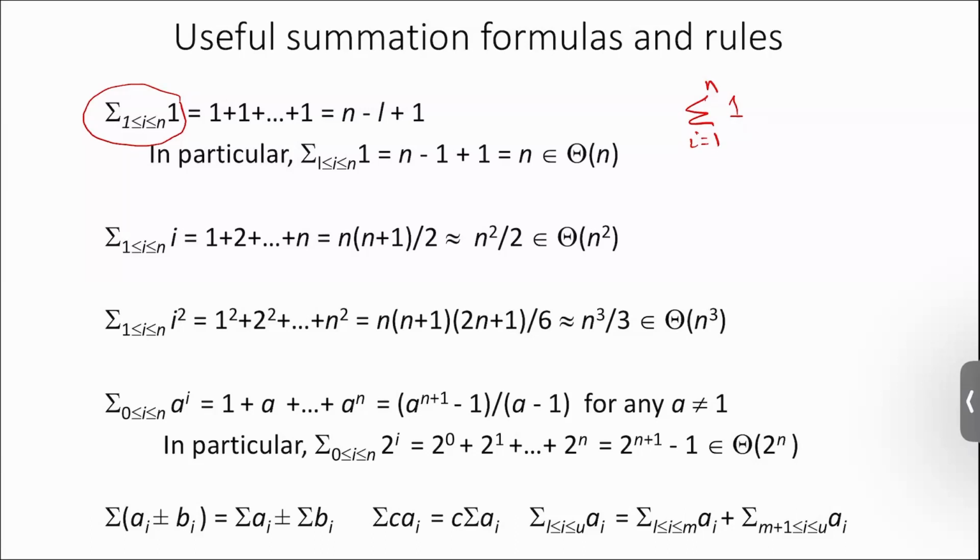So whenever we use 1, it means something constant. This is basically the sum of 1 plus 1 plus 1, up to n times. We can simplify it with the upper limit, which is n, minus the lower limit, which is 1, plus 1 from the formula, which gives n. So we simply say this belongs to O of n.